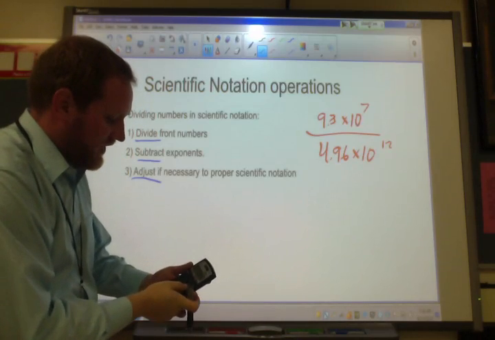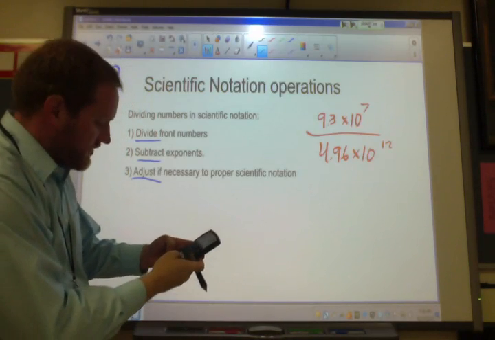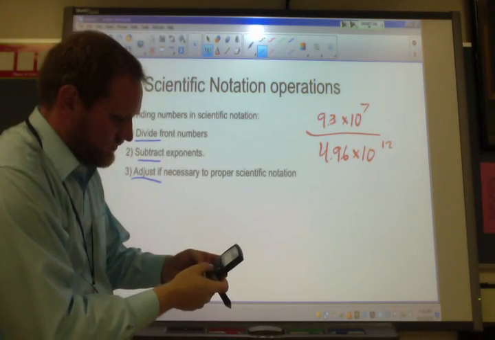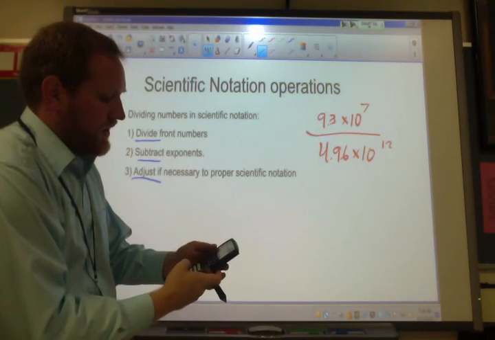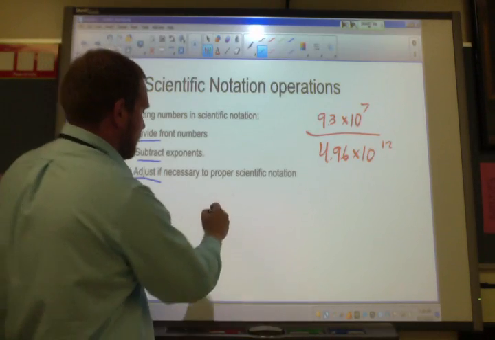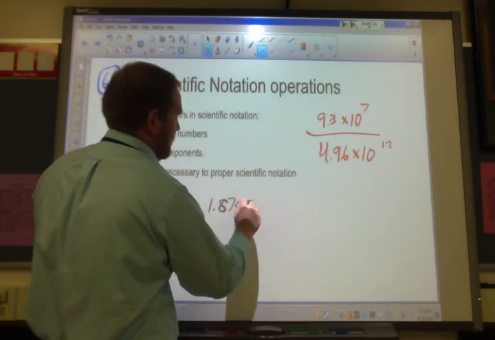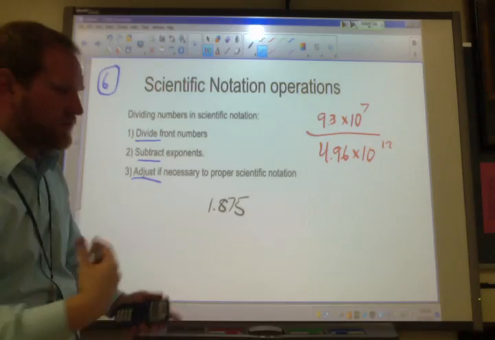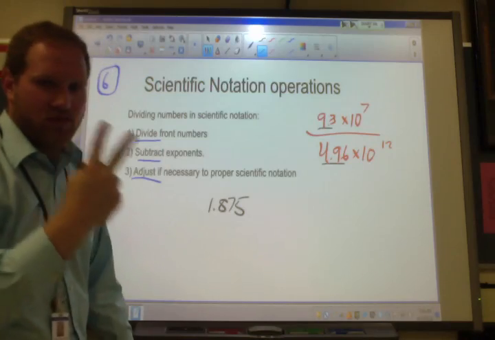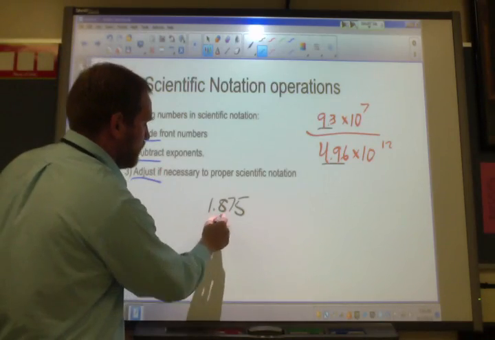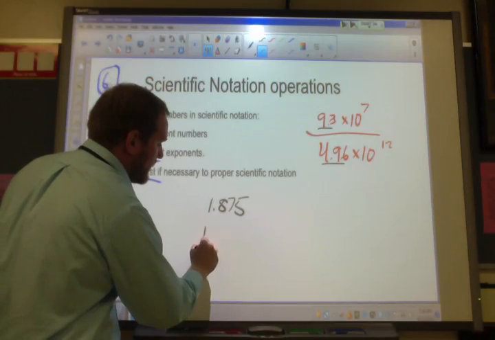First step, divide your front numbers, 9.3 divided by 4.96. And that gets me 1.875. Now you can adjust the sig figs now or later. Let's just get it out of the way now. 2 sig figs, 3 sig figs, 2 sig figs is my number. So 1.875 is going to become 1.9.